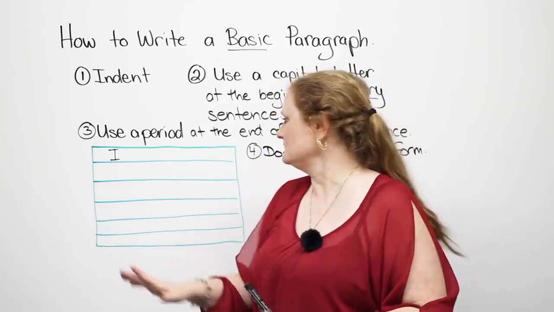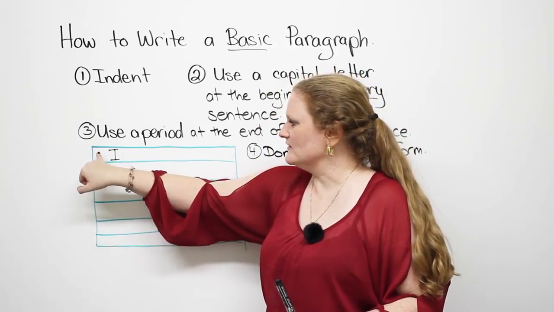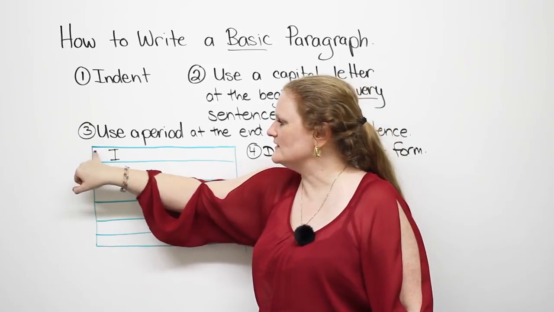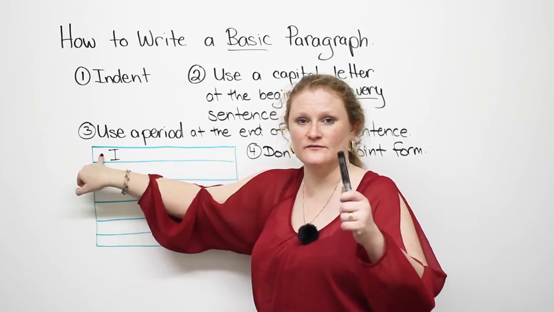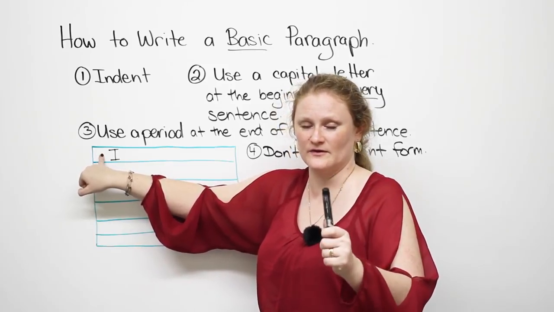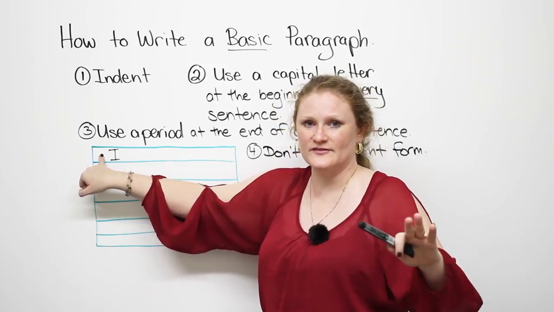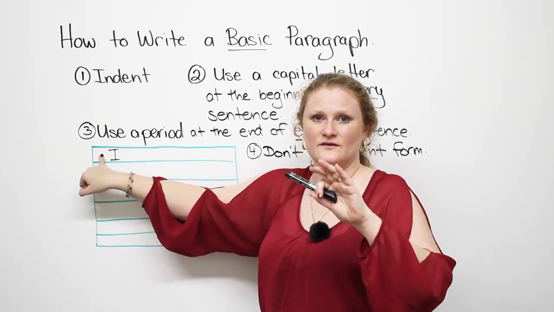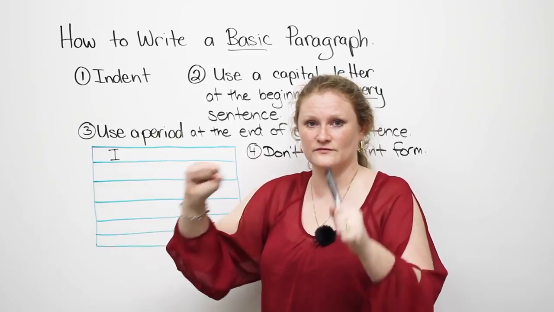Like so. This is called an indentation or indent. So indent means you leave a space at the very first line of the paragraph. And that's it. You do not leave a space at any other lines in the paragraph, only the first line.